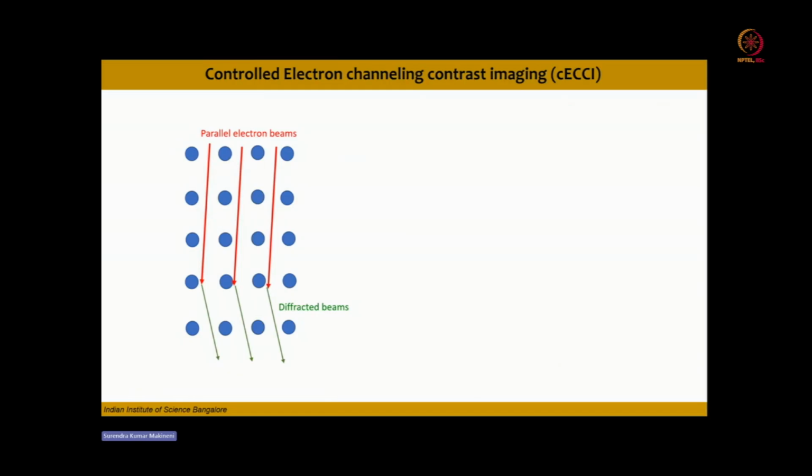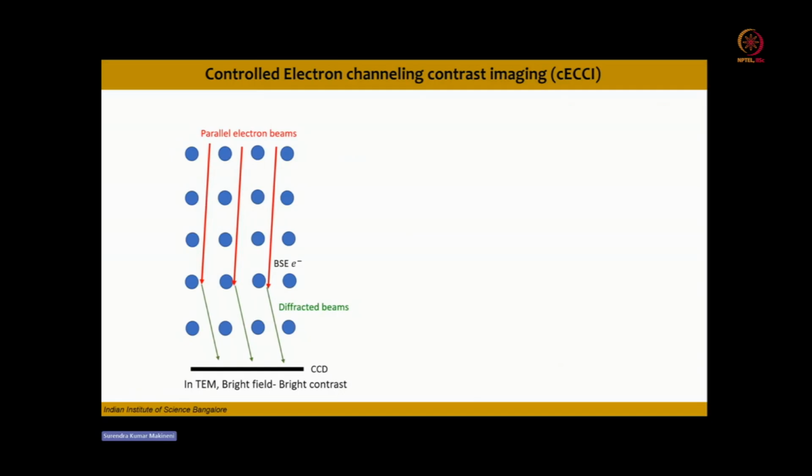So in TEM, if they get Bragg diffracted depending upon the orientation, your electron beam gets diffracted. Once they diffract, it might be possible that they also hit the atoms, and they can get backscattered electrons. Okay, so in TEM, the diffracted beam and the incident beam are collected, so you can get the bright field or the bright contrast. Fine. So this is the principle of TEM.